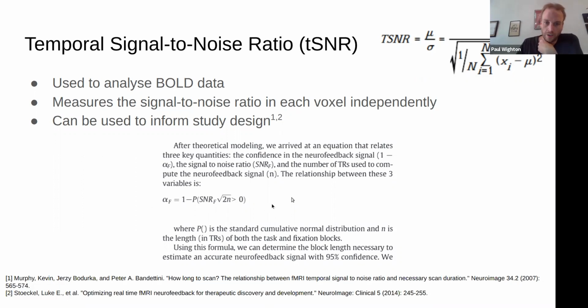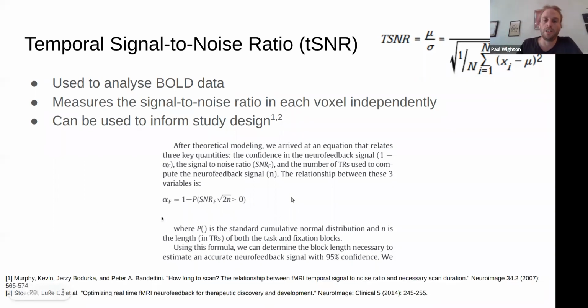So here's a sort of relationship we derived with some collaborators for real-time fMRI. The question in real-time fMRI is, okay, so we've got some paradigm. How long should our blocks be? Like how many TRs should we average over before feeding back some sort of signal to the subject?